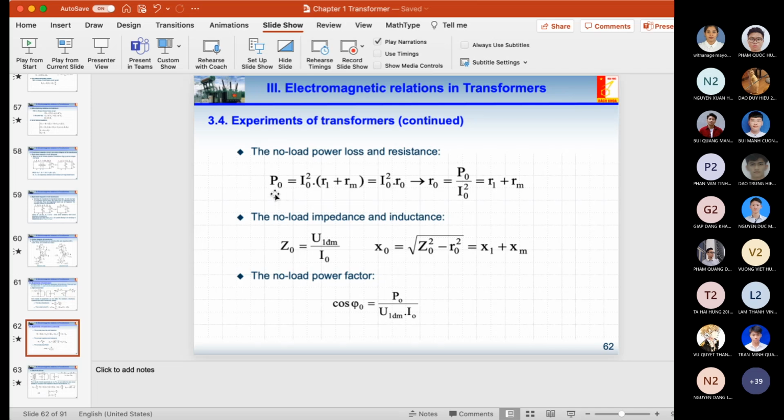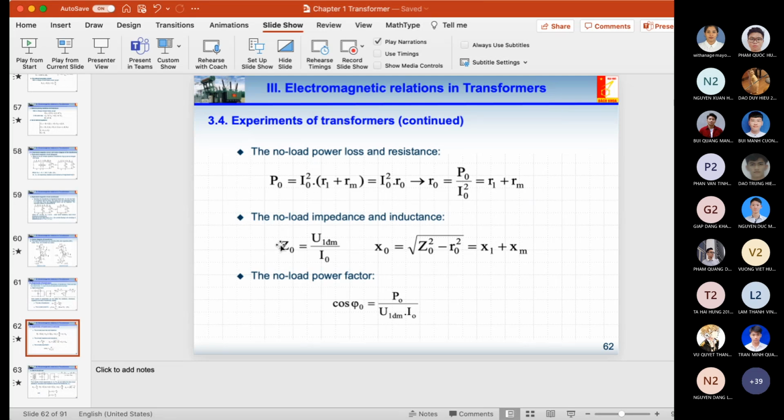You can see, have a look at this one. P0 is equal to I0 squared times R0, measured from the magnetic circuit. When we know P0, we also get the resistance, and finally we can get the no-load impedance and inductance of this circuit.